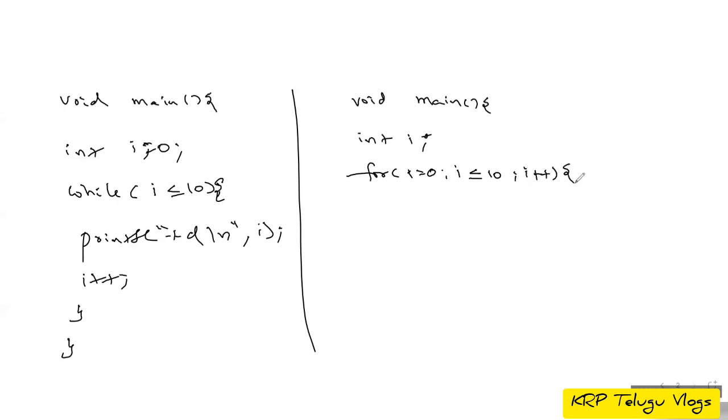Then printf percentage d slash n comma i. So this is how we can write the code. In for loop the code will be optimized with fewer lines, while a while loop will take more lines. Just note this.